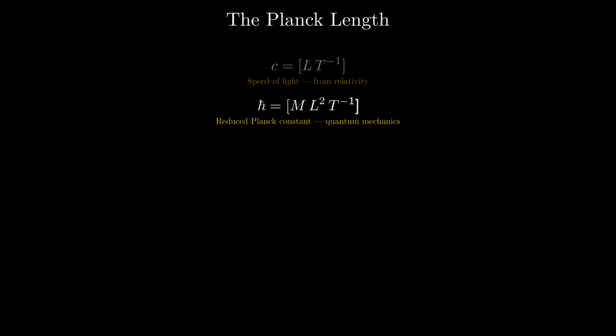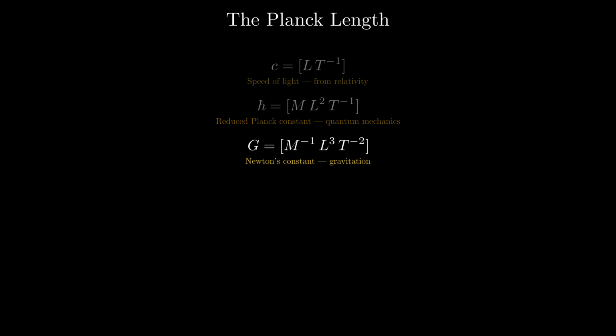If units can tame a humble pendulum, what happens when we feed them the deepest constants of nature? Take 3. The speed of light c, from relativity, with dimensions length over time. The reduced Planck constant h bar from quantum mechanics, with dimensions mass times length squared over time.